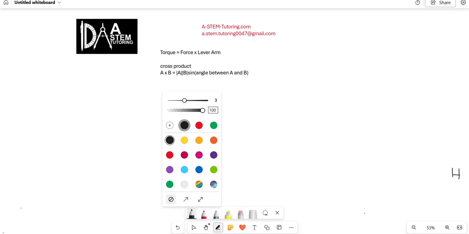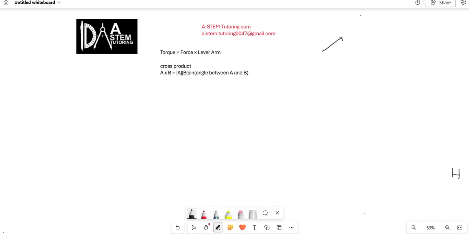If you have vectors a and b with an angle theta in between them, the cross product of vectors a and b is the magnitude of a times the magnitude of b times the sine of the angle between vectors a and b.